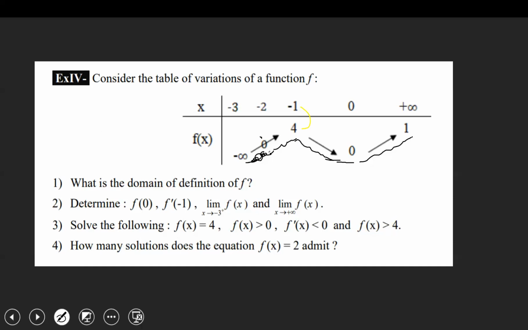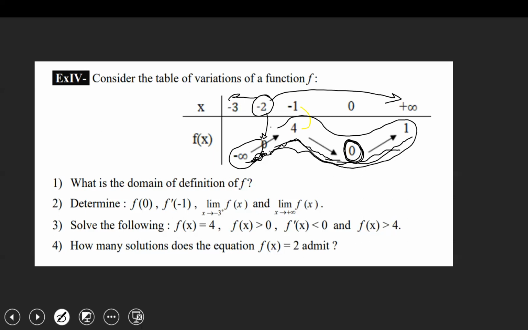Can you read it? Before minus 2, we were negative. At this number, we became 0. After this number, we became positive right away, except here, where it is 0. So from minus 2 to plus infinity, the outputs were positive except once, when x equal to 0.